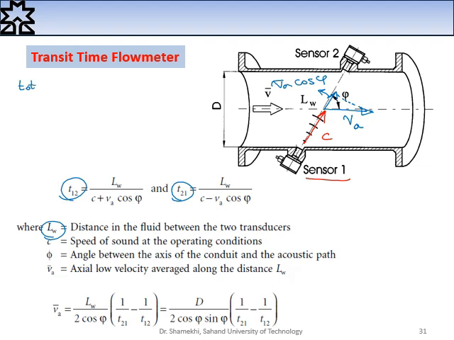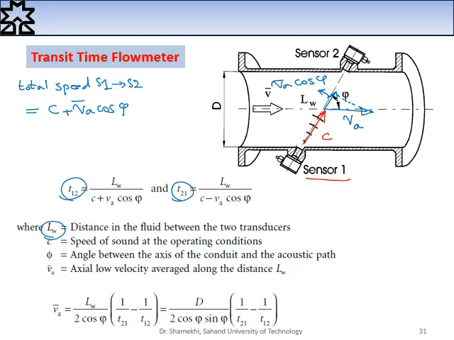Therefore, the total speed from sensor 1 to sensor 2 is C plus VA cosine phi.